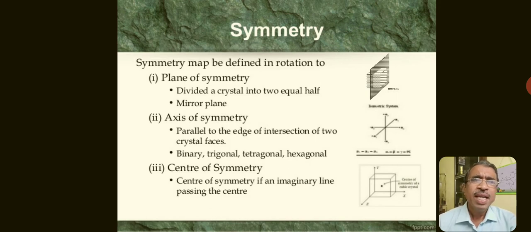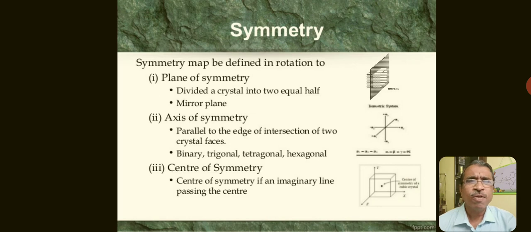Now, symmetry may be defined in relation to the plane of symmetry, axis of symmetry and center of symmetry, and these are known as symmetry elements. As I have told you, it is confined only to the cubic system. Plane of symmetry: the point to be noted here is that it divides a crystal into 2 equal halves, and these are the mirror planes.